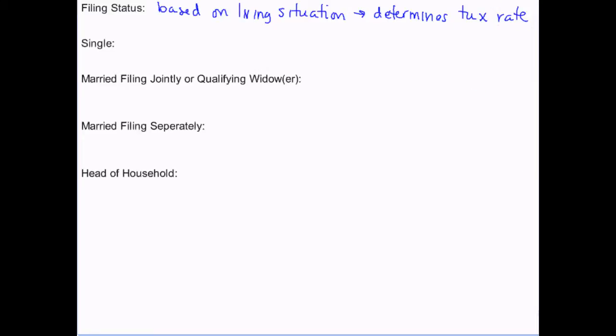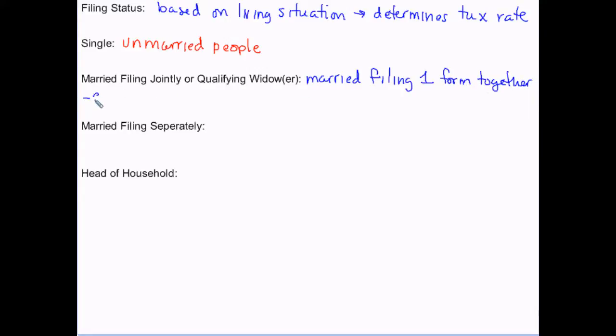Okay, single, this is unmarried people. Okay. Married filing jointly or a qualifying widower. Okay, so married people filing together, which is combining your income.